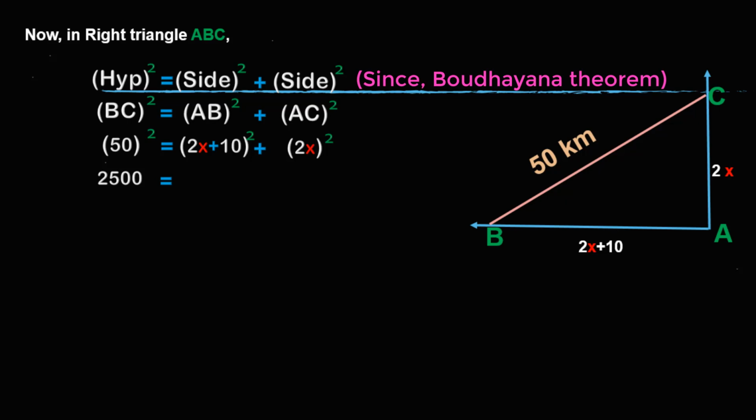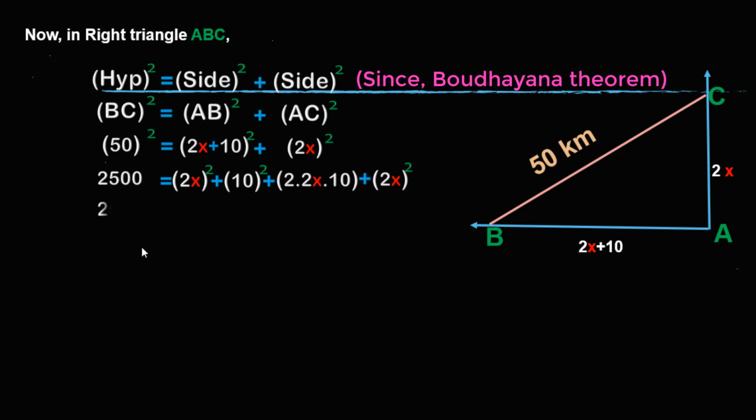Here a square means 2x whole square, plus b square. Here b means 10, so we get 10 square, plus 2ab, that means 2 into 2x into 10. We expanded 2x plus 10 whole square using the a plus b whole square formula. Now the last term, 2x whole square, we write as it is.